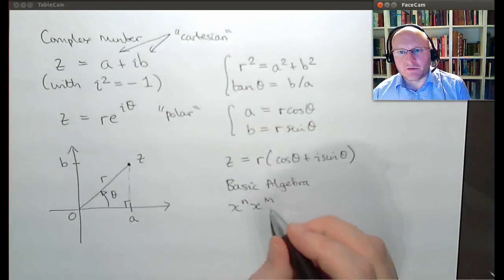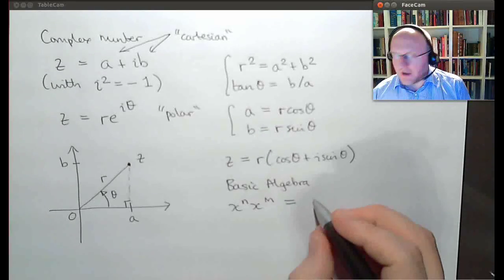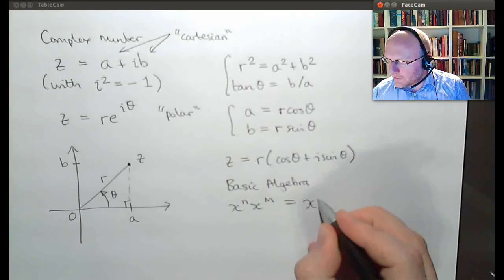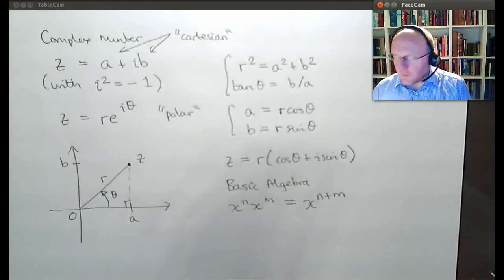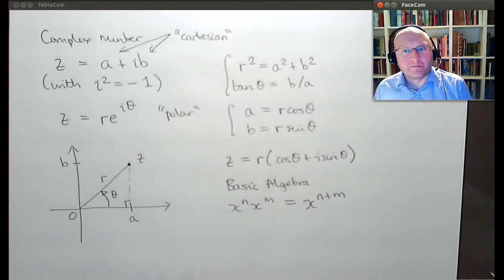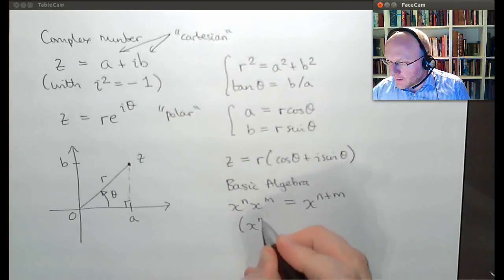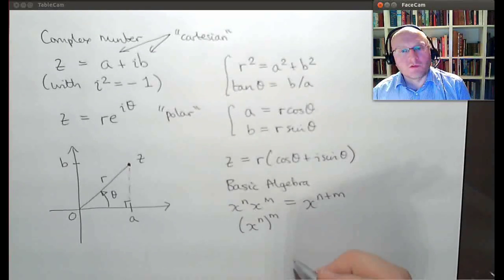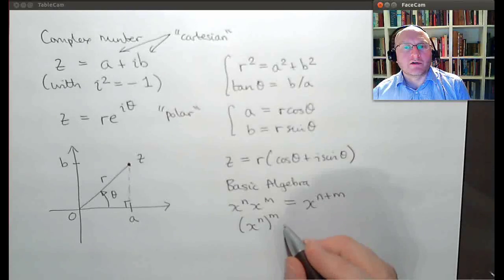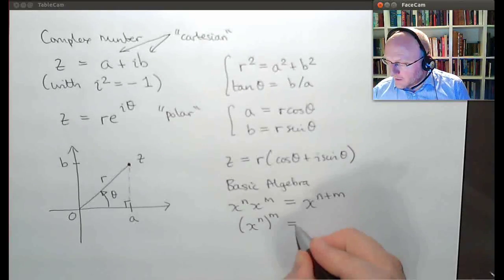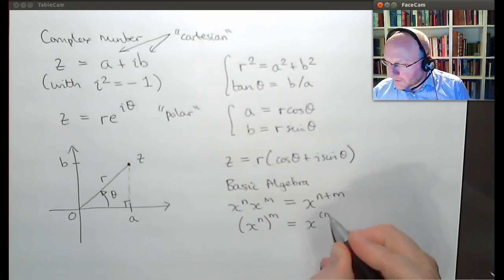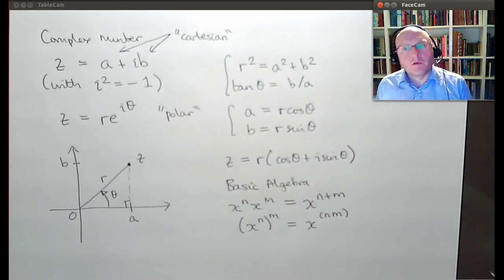So x to the n times x to the m, where n and m are different numbers. Remember that in this situation we simply add the powers together. The second thing that we want to recap is the case where we raise a power to another power, so x to the n to the m, and in this case we multiply the powers.